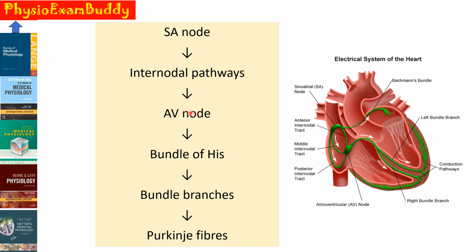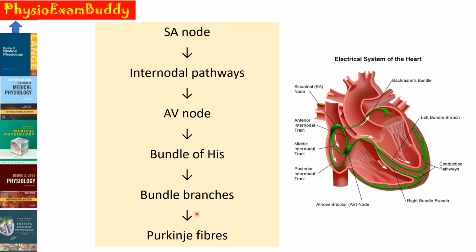The tissue with the next highest rhythm is our AV node. When this AV node is blocked, the bundle of His produces impulses, and if it is diseased, then the next one, that is the Purkinje fibers, will produce the impulse at a much lower rate.